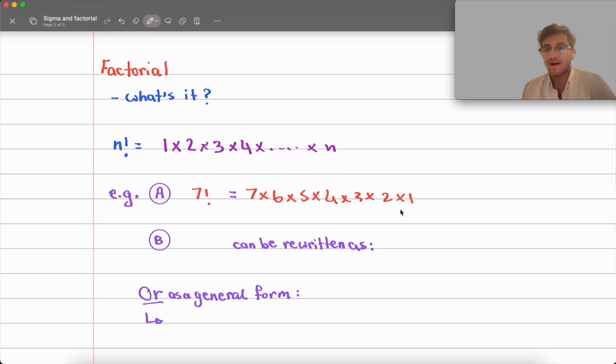But the most important thing about factorials is to notice that I can rewrite 7 factorial as 7 times 6 factorial. Or I can rewrite it as 7 times 6 times 5 factorial. Or I can write it as 7 times 6 times 5 times 4 factorial, and so on and so forth.